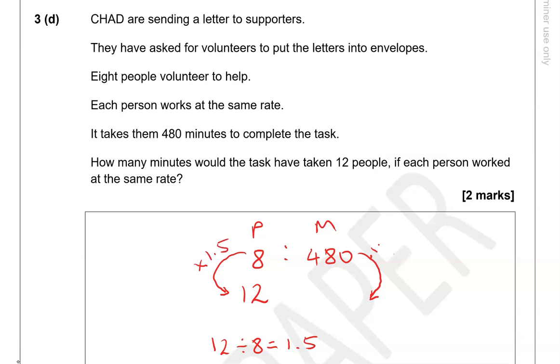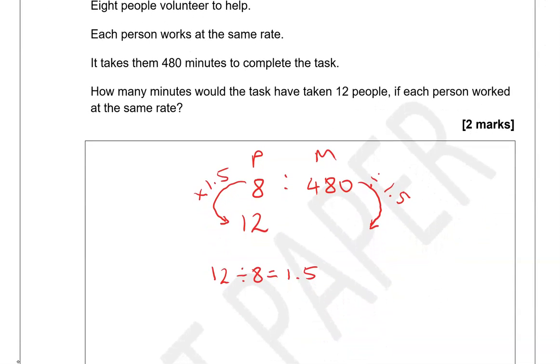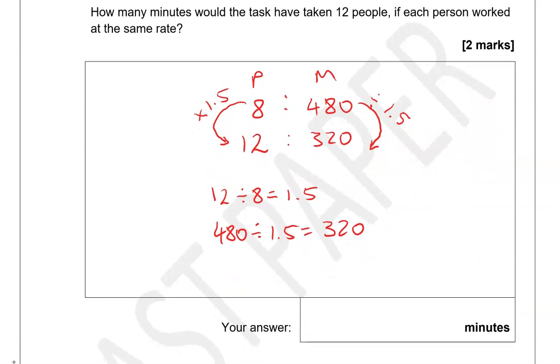So now we're going to divide by 1.5 here. So 480 divided by 1.5 gives us 320. So that's how many minutes? 320 minutes.